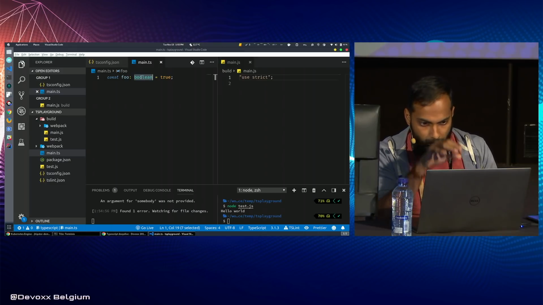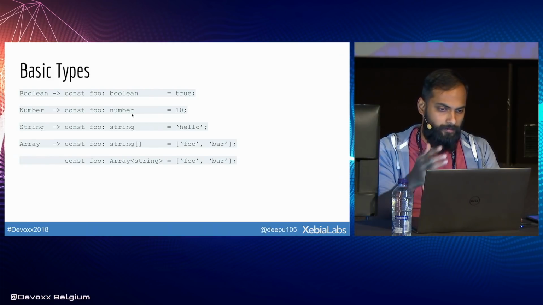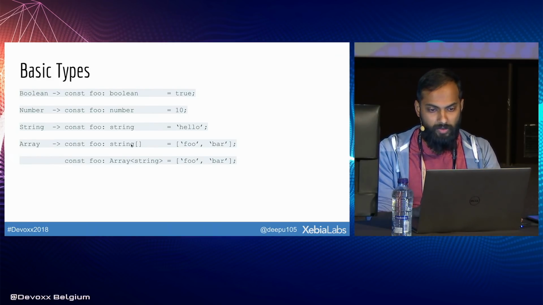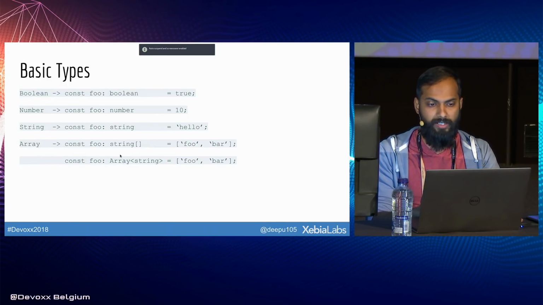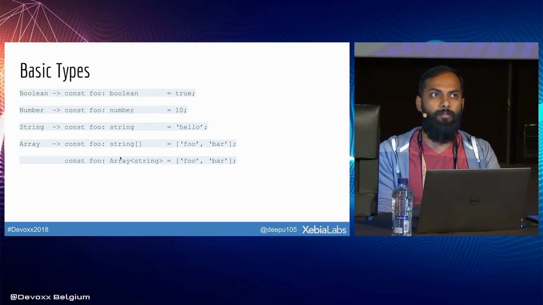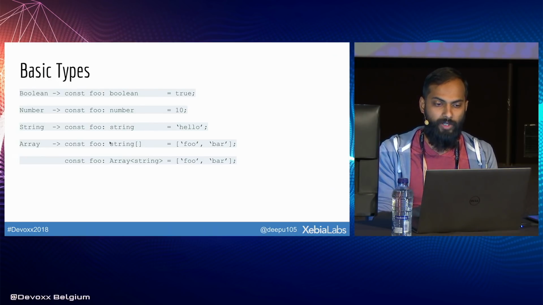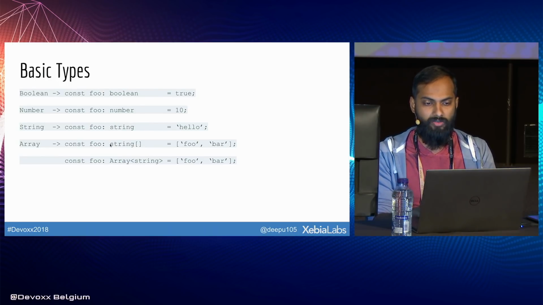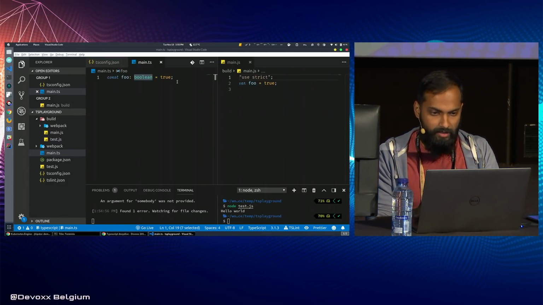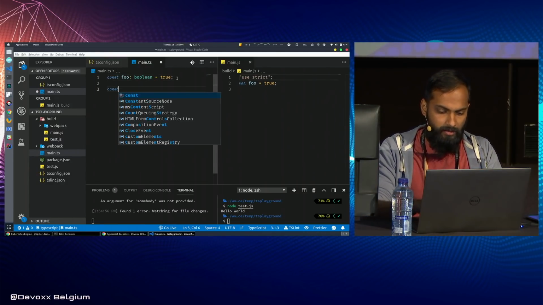primitives. You have number, string, string array. Array can be used in two different syntaxes. Of course, the preferred style is always to use the square bracket notation like this.